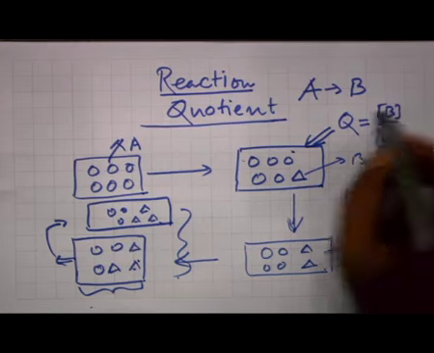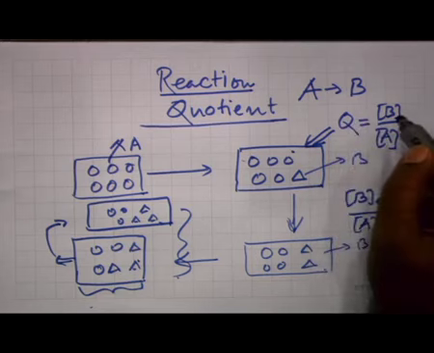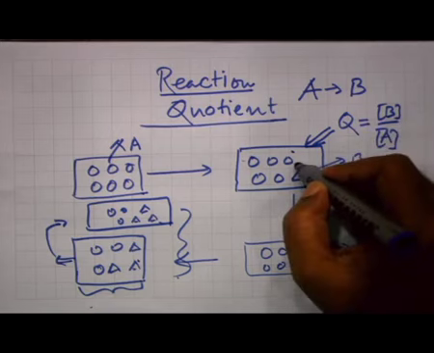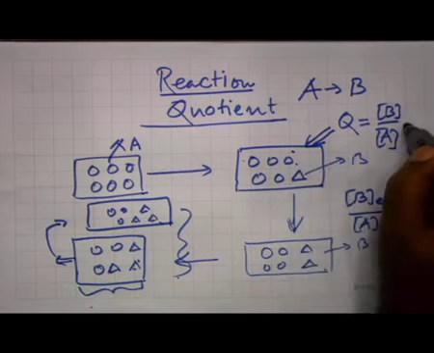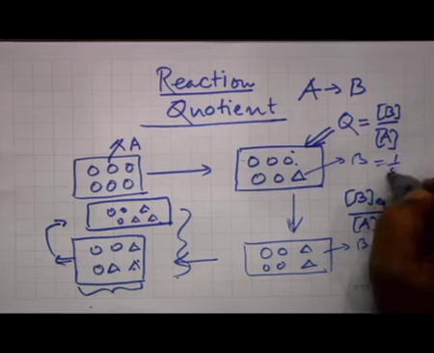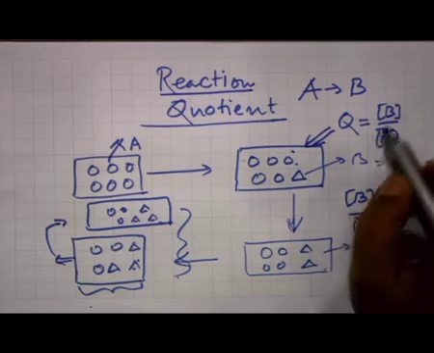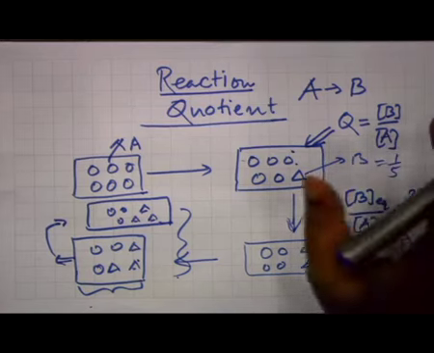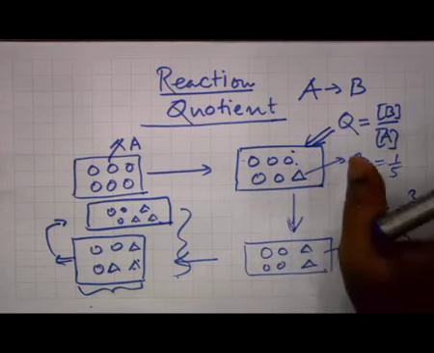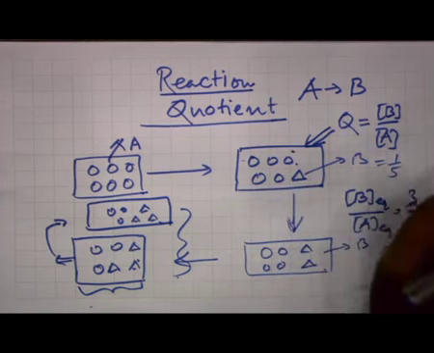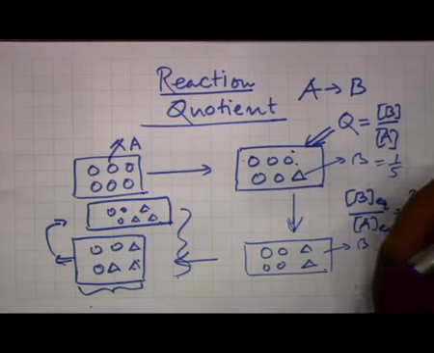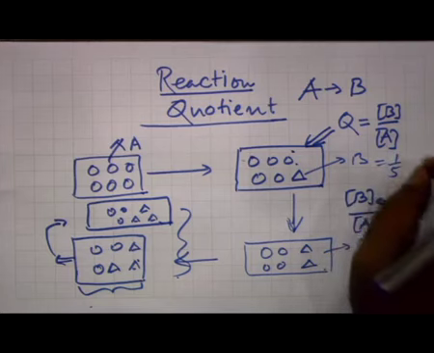So, Q changes with time, and at this point Q is equal to 1 by 5. Q is different from the equilibrium constant in that the equilibrium constant is fixed at one temperature, while Q changes with time.